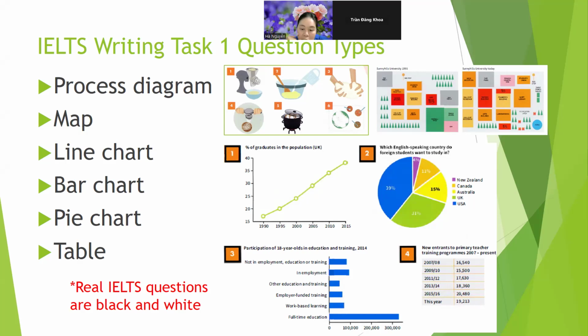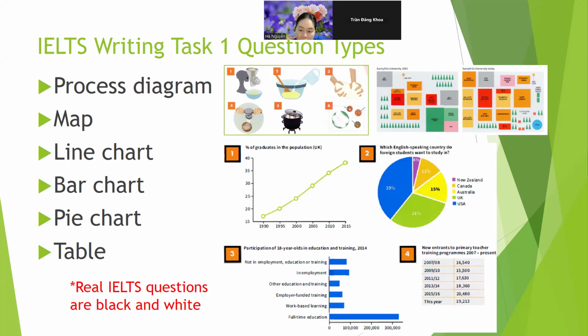The same goes for chart 3, participation of 18-year-olds in education and training in 2014. So the highest number of 18-year-olds are participating in full-time education. In contrast, by comparison, the lowest number of 18-year-olds take part in other education and training.